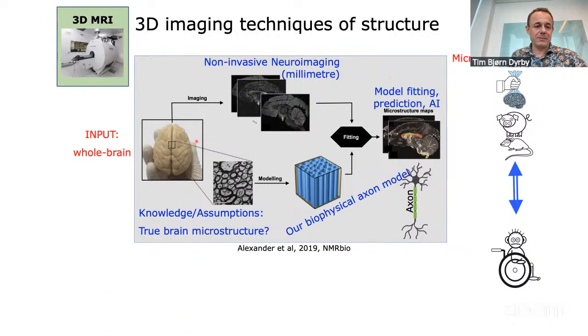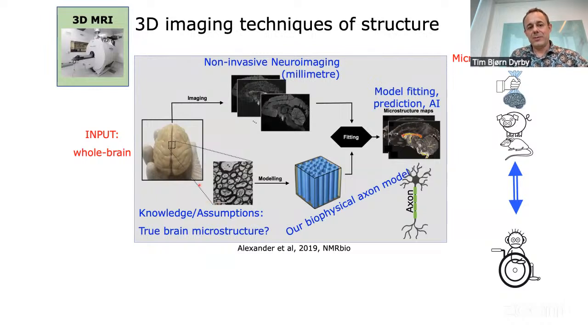We have a brain, and if we want to measure the microstructure of this brain, then we can use an MR scanner, a 3D MR scanner. It's not because it's 3D, but it's measuring the structures in 3D. And here we have these diffusion MRI scans, and we can fit a model to these data sets and then predict the size of the axons.